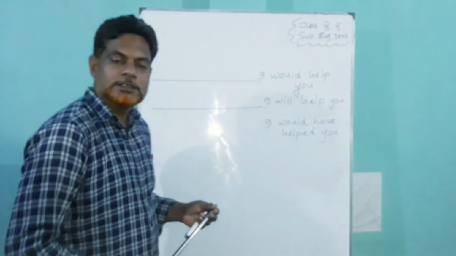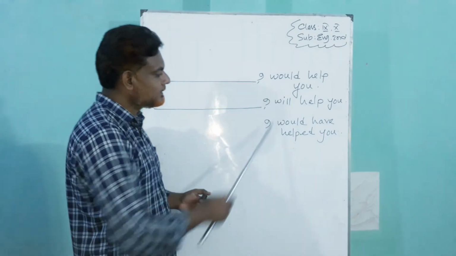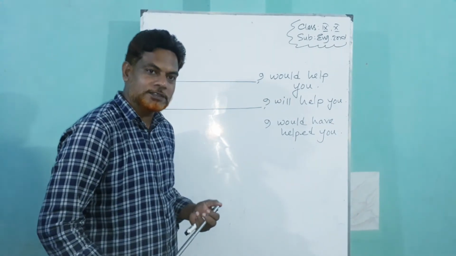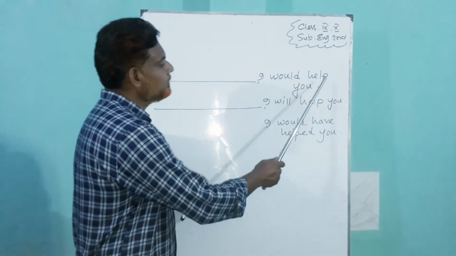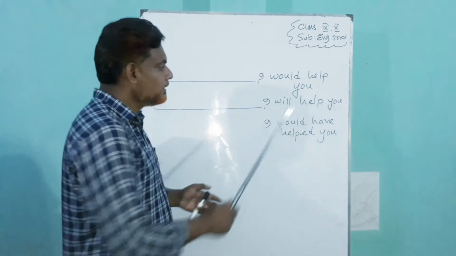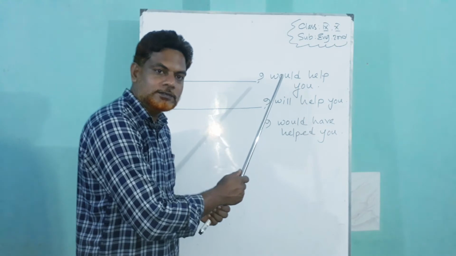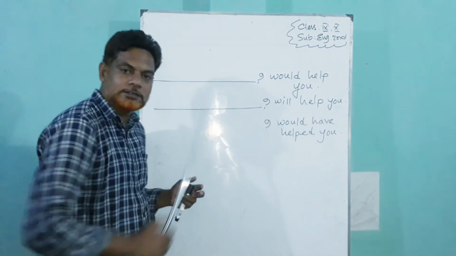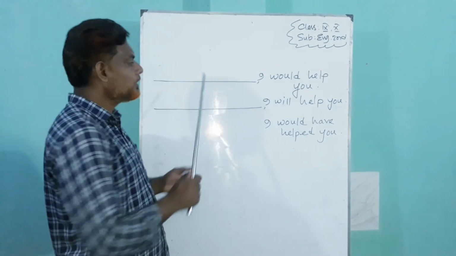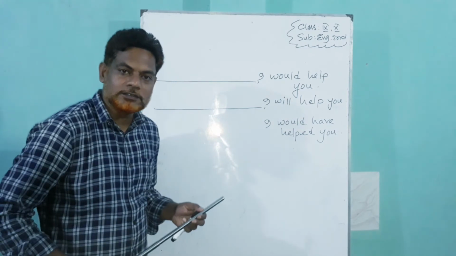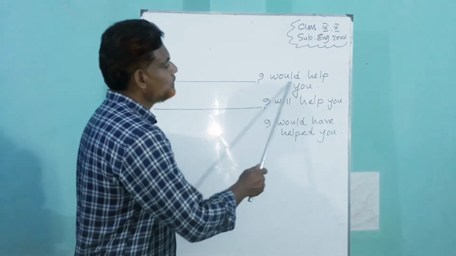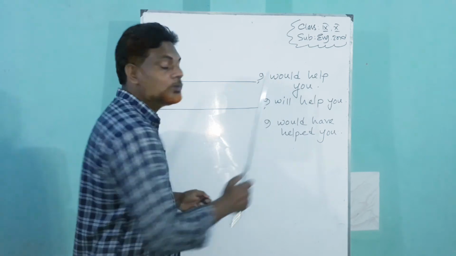Dear students, now see the sentences from different aspects. You can see I would help you. There is the principal clause. We have to write the subordinate clause. Now what should be written in the subordinate clause? You can see there is would. I would help you. There is would.